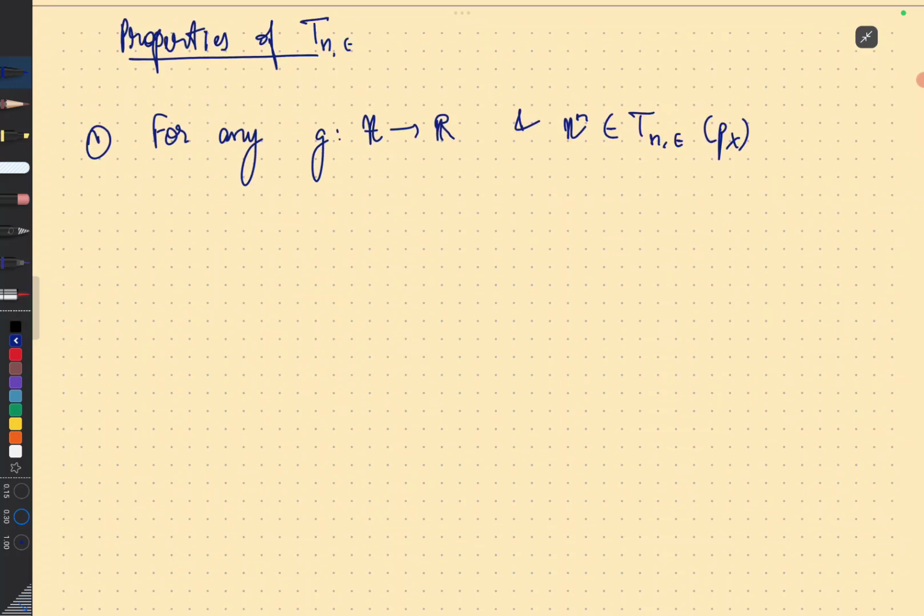Then it has the property that if you take the empirical average of g of xi's, it turns out that it is going to be very close to the expectation of g of x.